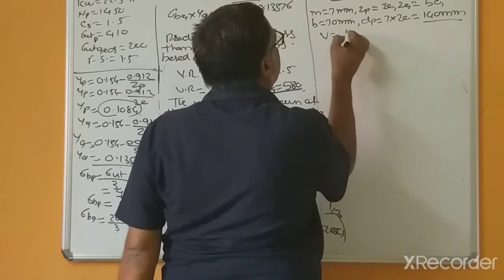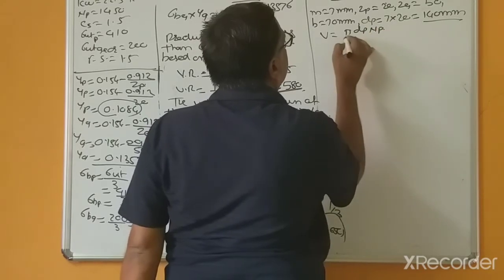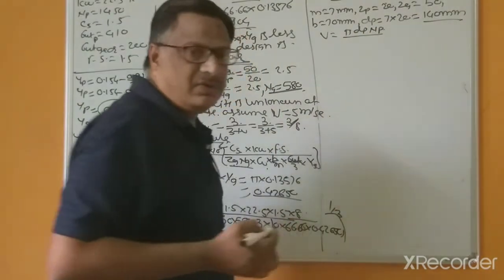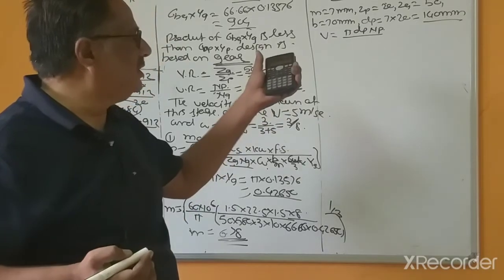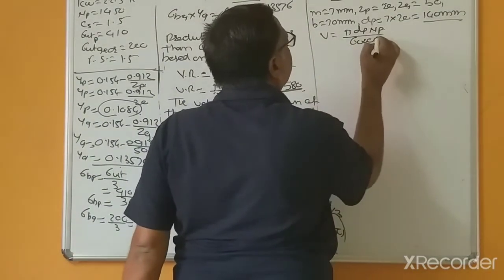Now V equal to pi dP NP. So you can calculate pi dP NP or dG NG divided by 60, so both are same.